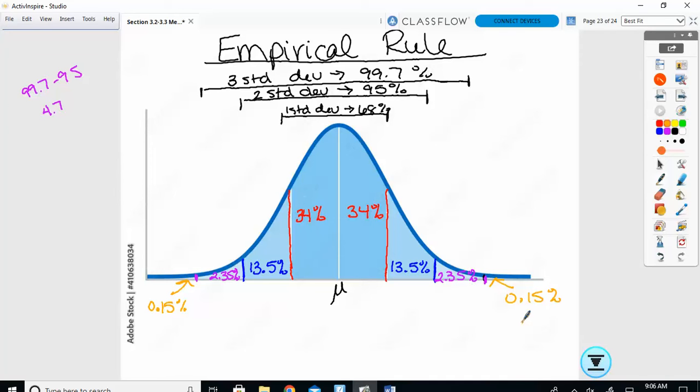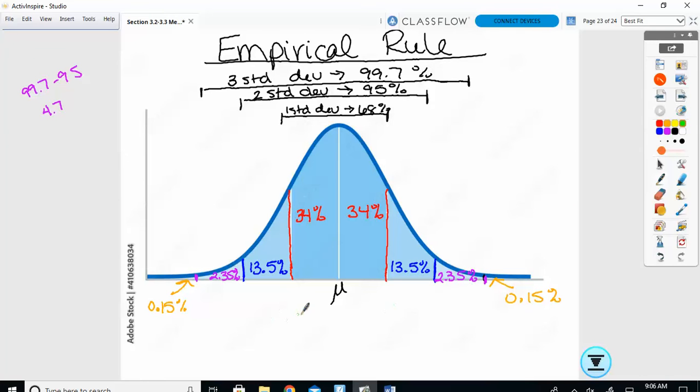If you took this middle line, how much of your data lies above the mean? 50%. You add up all these, you get 50. If I said how much data is between 1 standard deviation below and 2 standard deviations above.